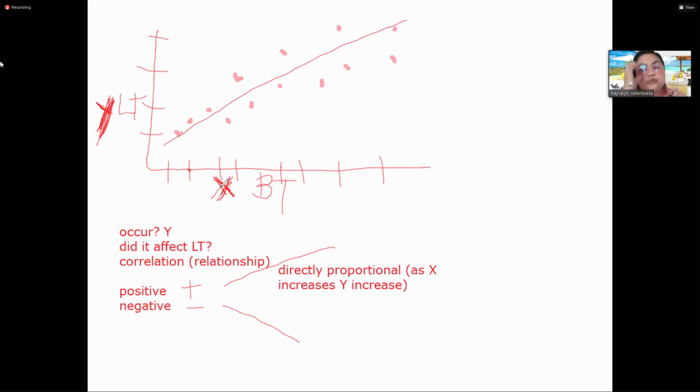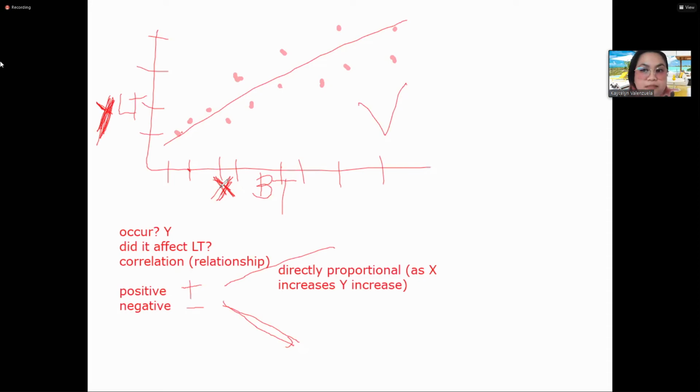Kapag ganyan yung analysis nyo on the data that we have, positive, as X increases, Y increases, nakaka-apekto pala kapag mabagal ako mag-brew ng kape, mas tumatagal yung lead time ko. Then this is a valid root cause. Pag naman negative correlation, habang tumatagal ako mag-brew, bumibilis yung lead time, kung mangyari man yon, invalid.